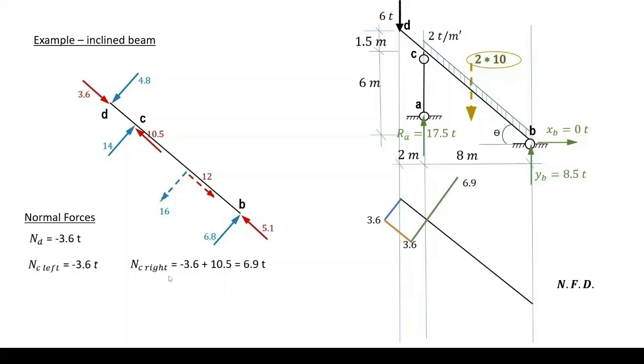And we plot it on our diagram. Between C right and B, we go for the inclined part by the 12 tons. Note that this minus sign is because the 12 tons are in the same direction of 3.6 tons. And our plot closes by the component of the reaction, 5.1 tons at B.